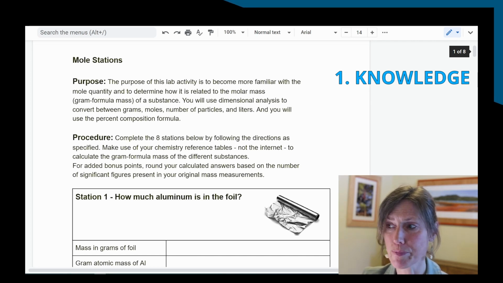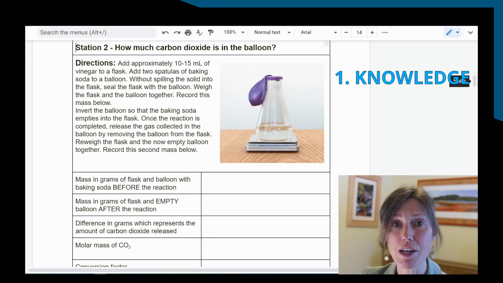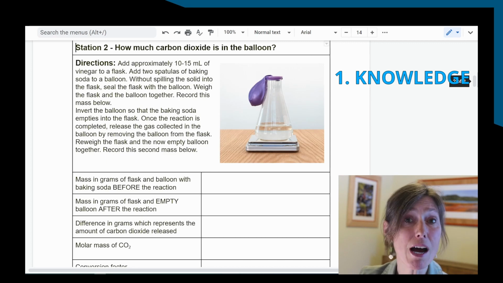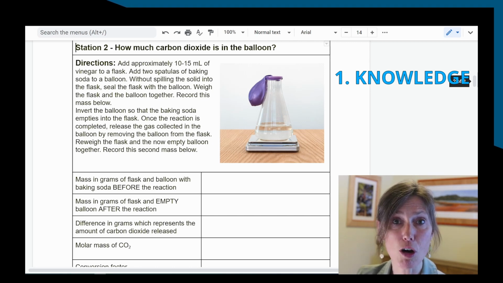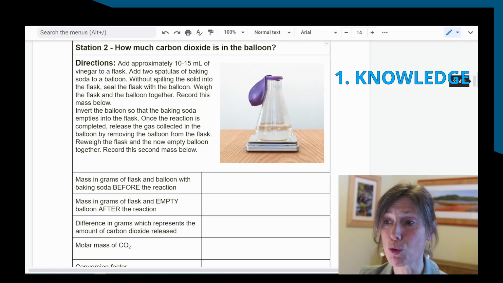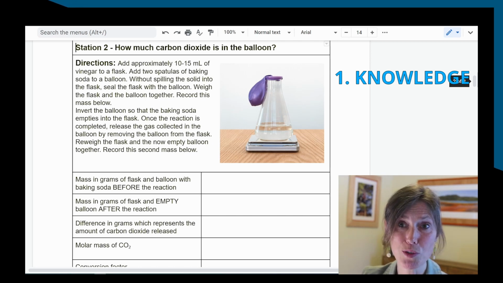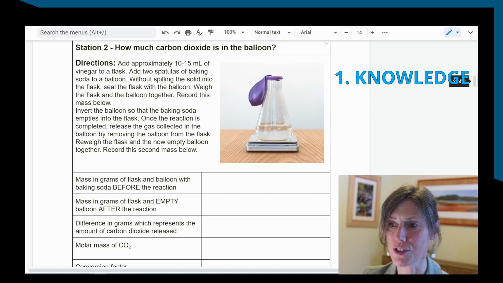They start off with how much aluminum is in the foil in this particular document, and then they delve right into how much carbon dioxide is produced in this balloon. Very simple baking soda and vinegar reaction where they are actually letting the carbon dioxide captured in the balloon release, and then they calculate the mass difference and convert the mass into moles and then into liters, assuming standard temperature and pressure conditions.